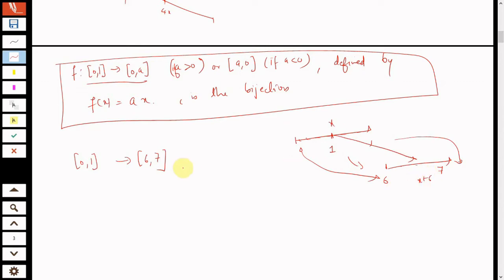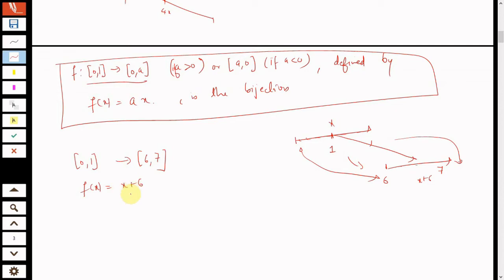So if I define f of x equal to x plus 6, that's more than enough. If I had multiplied x by any number a, it would be like stretching that string, because the length of the codomain would be bigger than the length of the domain, but in this case it is the same, so I'm multiplying by 1 and just need to translate.